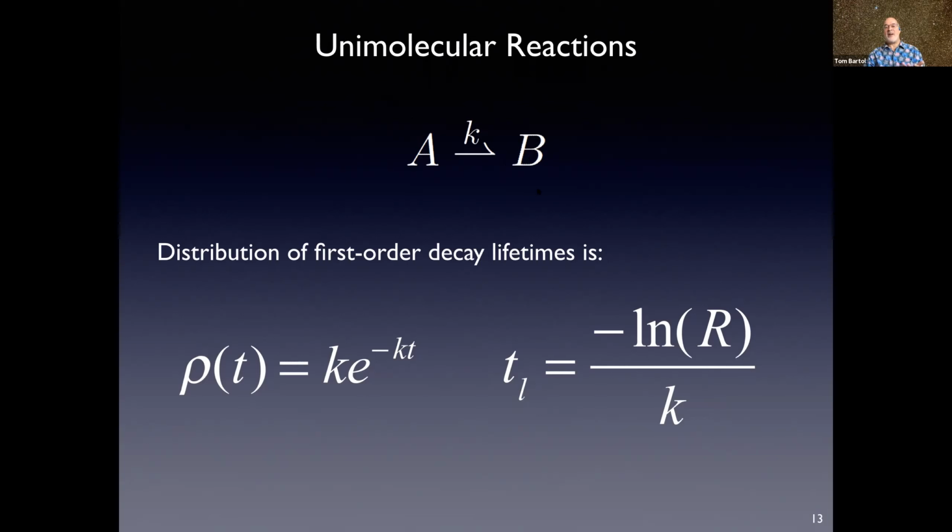And if molecule B had a reaction, at the moment a molecule of B is created, the lifetime of each B molecule would be calculated and put into the scheduler. So MCell is going from event to event by looking at events in the scheduler and picking off the events as they come due and handling them. Okay, so that's a unimolecular reaction.